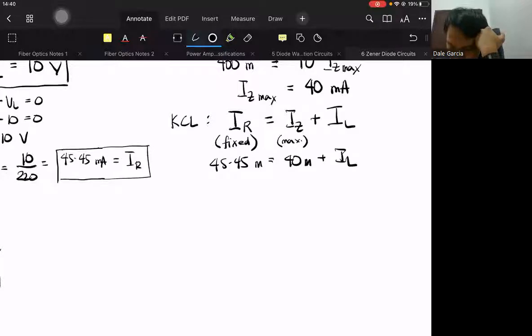So the maximum load current should be equal to 5.45 milliamperes.